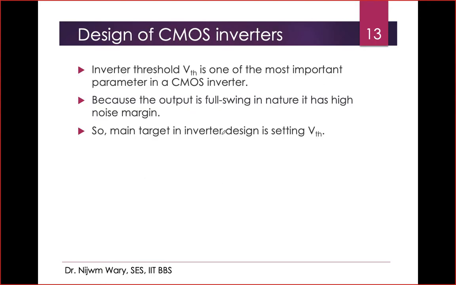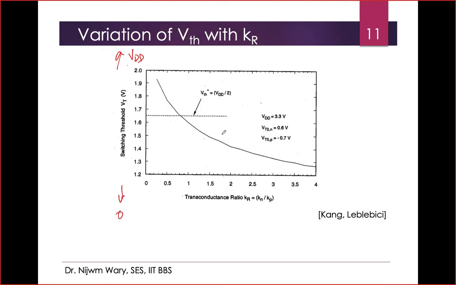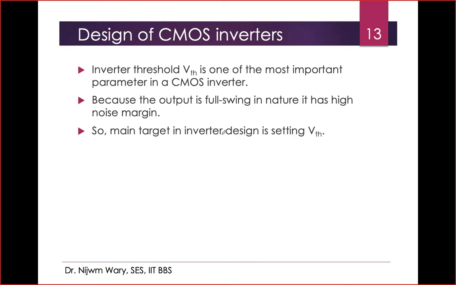Now, for the design of an inverter, coming back to the point of the threshold voltage, as I have mentioned, the inverter threshold, where V in is equal to V out, is one of the important parameters in a CMOS device. Because of the full swing nature, the output goes from VDD to 0, VOH is VDD and VOL is ground, so the noise margin of an inverter is quite good.